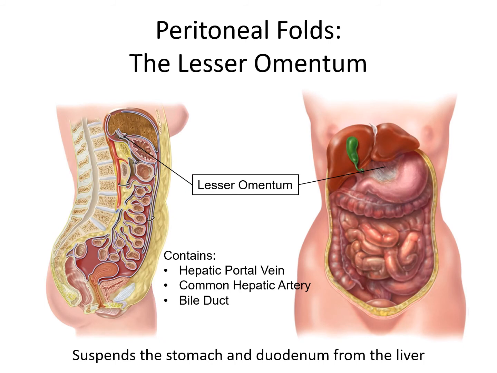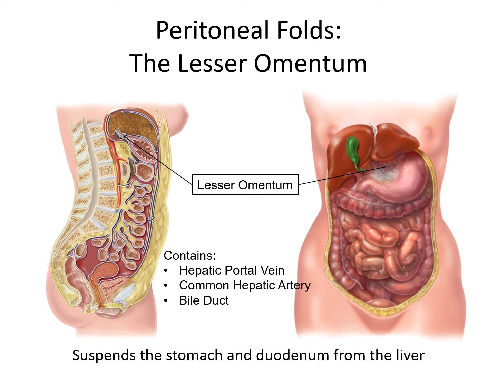The lesser omentum is again a membrane, a peritoneal fold, that is found under the greater omentum. It's quite small. It just attaches the stomach and the duodenum to the liver. So it basically suspends the stomach and duodenum below the liver. It contains a few important things that we'll talk about later.